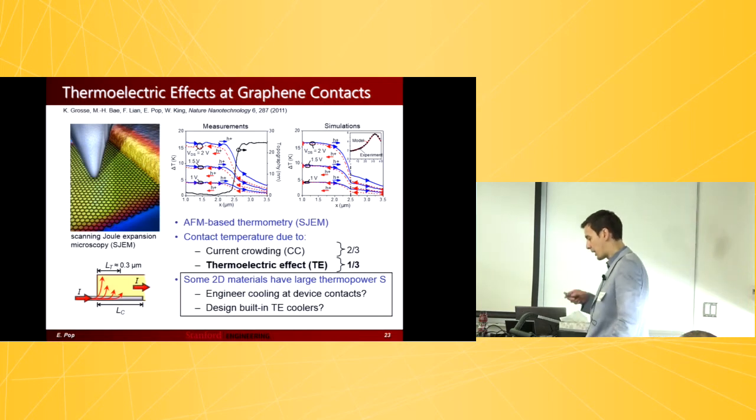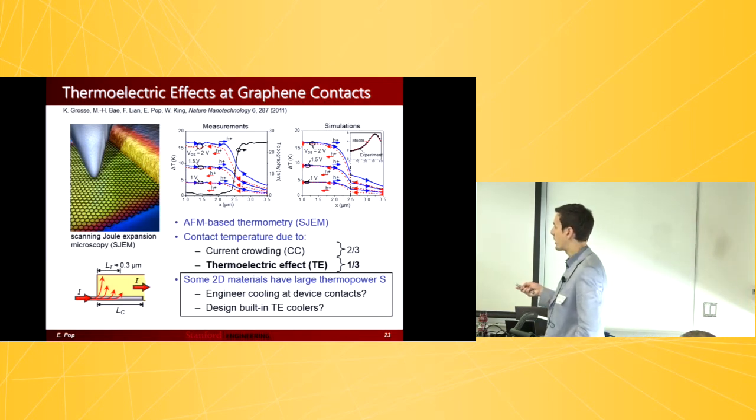Long story short, we didn't see anything we didn't already know in the channel, so that was good, I guess. The infrared imaging method actually showed us enough of that. But then we zoomed in on the contacts, and when we zoomed in on the contacts, we realized that we were seeing not only significant heating in the contacts, but we were also seeing cooling in the contacts if we were reversing the direction of current flow. So when the current flows into the contacts, you get more heating.